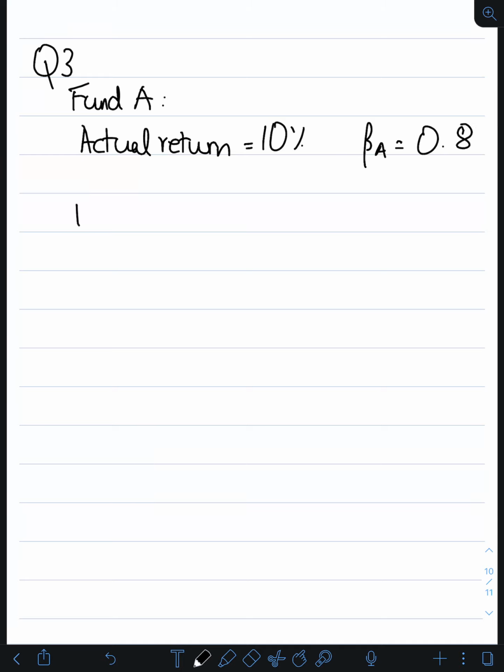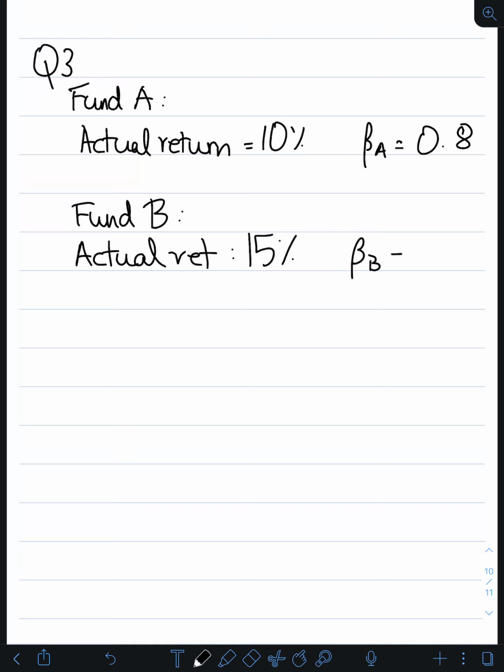The actual return for fund B is 15%. The beta for fund B is 1.2. And we're given a security market line. We have RI bar is equal to 0.06 plus 0.19 times beta I.